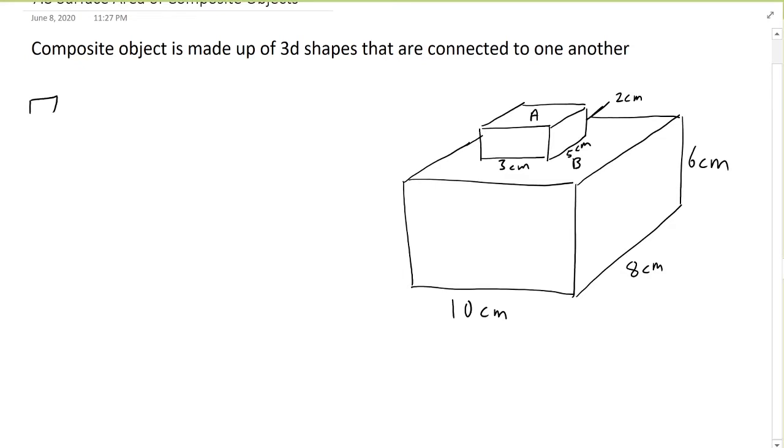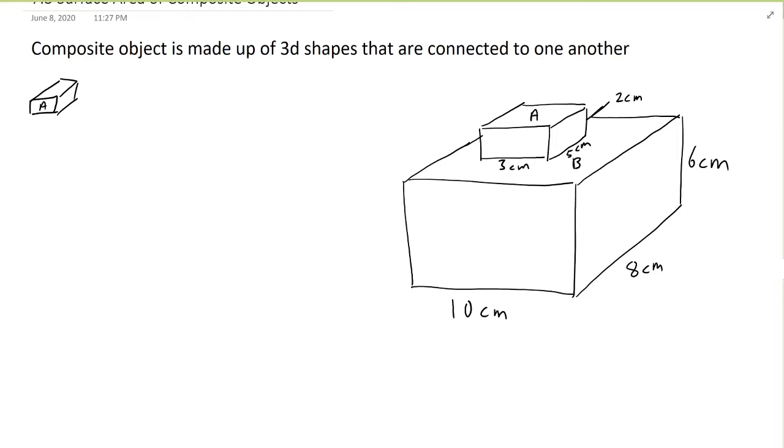We'll take the first smaller prism, prism A, and let's go ahead and calculate the surface area. Now, you can do this by calculating the area of all of its surfaces, so the front, the back, the top, the bottom, the left, and the right surfaces.